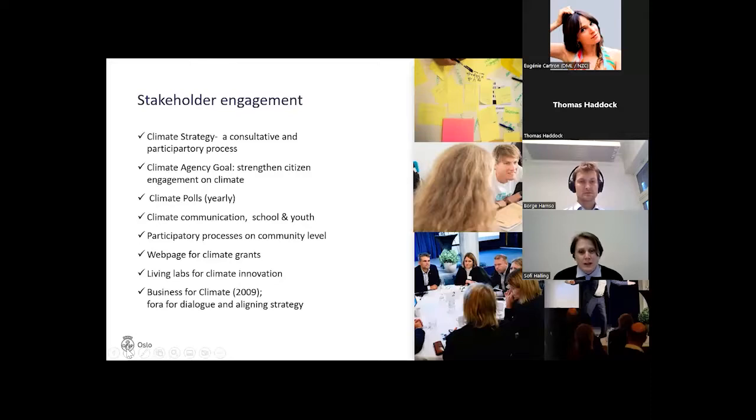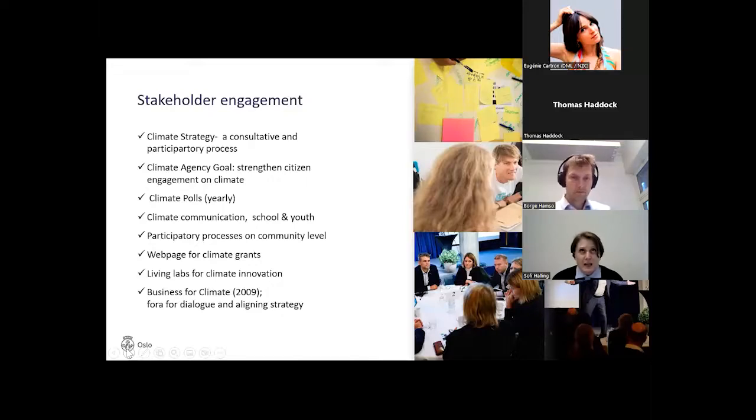We also work together with academia and the private sector to make Oslo an international test center for climate innovation. And finally, we have worked closely with the private sector in Oslo since 2009. Private companies are members of a coalition called Business for Climate.